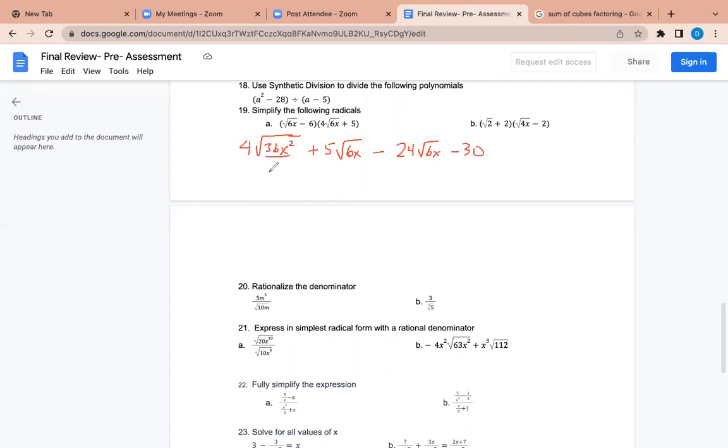So this is 6x, so it'll be 24x plus, you combine these two because they're both radical 6x, so it'll be 19 radical 6x minus 30. Okay. So this should be a negative 19.